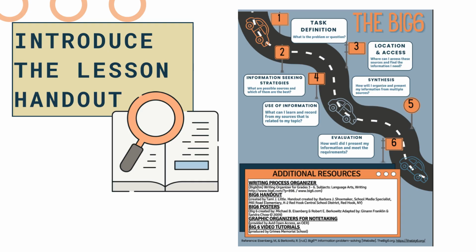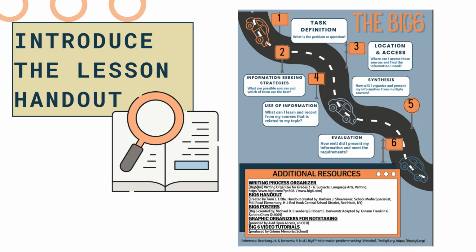So you can open up this link. It will take you to a page where you can download either Google Slides or PowerPoint versions of these graphic organizers that you can use any of them for free, whatever fits your note taking style.